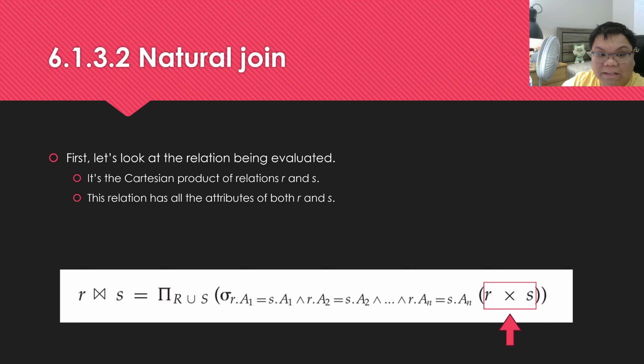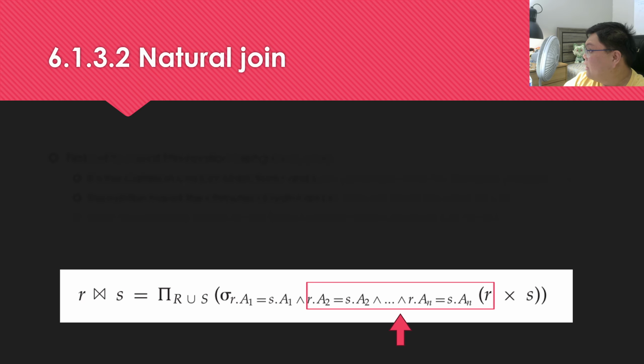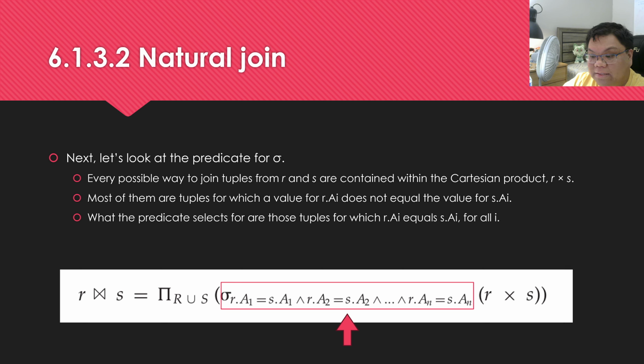So R cross S, that's just a Cartesian join of the relations R and S. All this stuff, as subscript text to sigma, is comparing tuples for which the common attributes, for every common attribute that appears in R and S, it's going to select those tuples for which R dot A1 equals S dot A1 and R dot A2 equals S dot A2 all the way to R dot An equals S dot An.